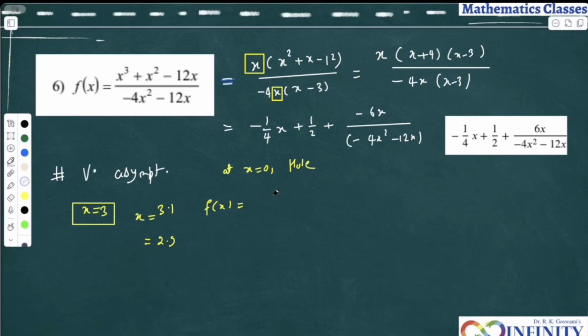The first term is positive, 3.1 plus 4 is positive, 3.1 is positive. In the denominator you have negative 4, x is going to be 3.1, it is positive, and 3.1 minus 3 is positive there. So this value is going to be negative for you. Am I right? You got the same answer or different? Yeah, I got negative for both.